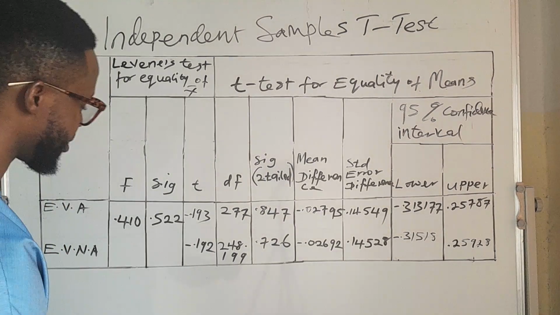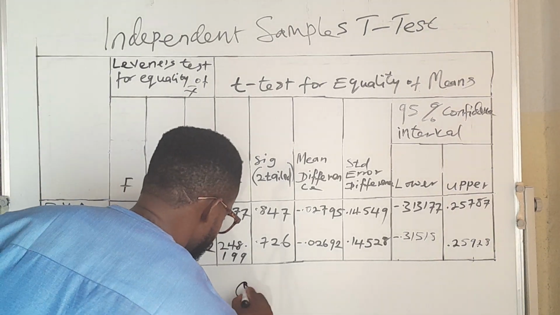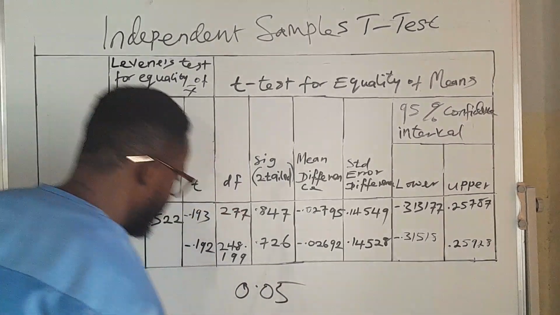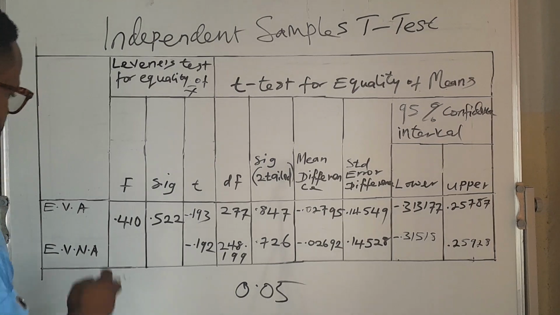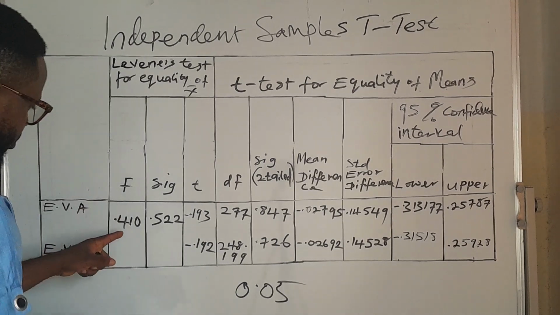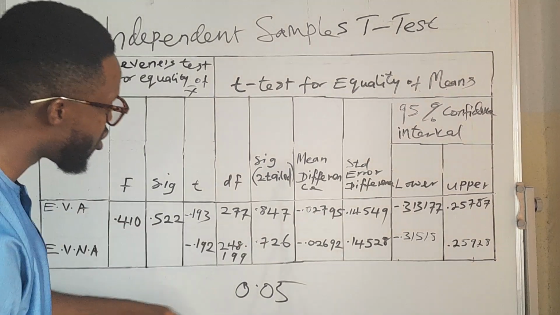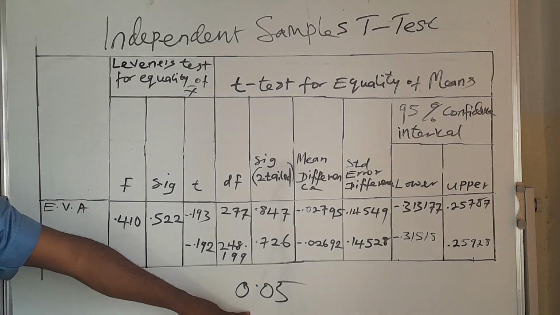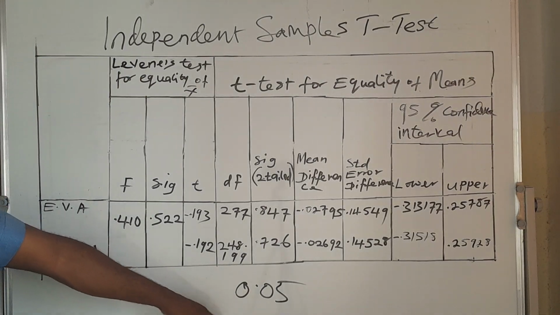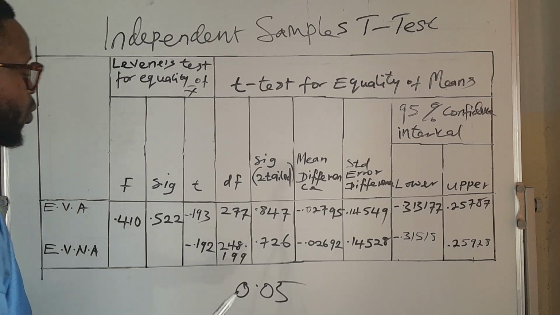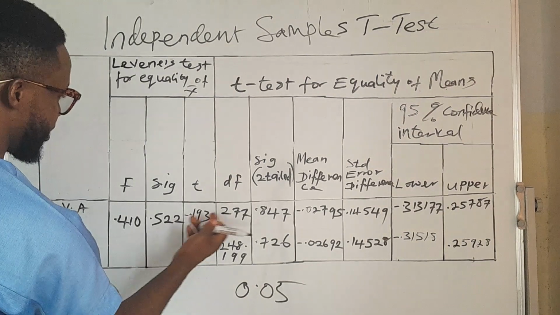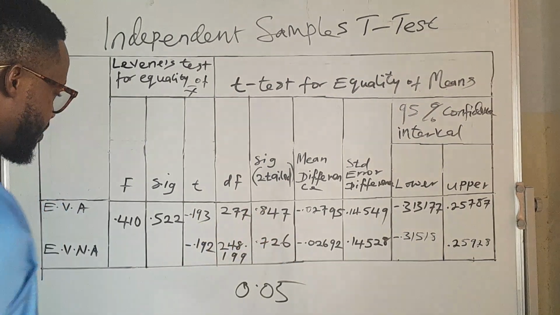Remember, you are testing against 0.05. So in both, whether you're using this value, all are weighed with 0.05. So the understanding is that you will use this value here to weigh this and this.